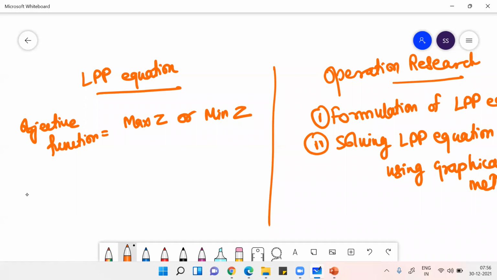While reading the question you will understand: if they talk about profit or revenue, you want to maximize it; if they talk about cost, you want to minimize it. That is your objective function.